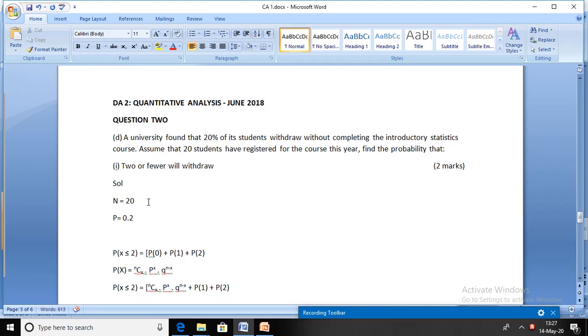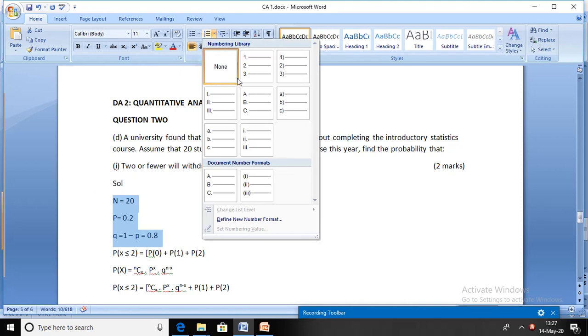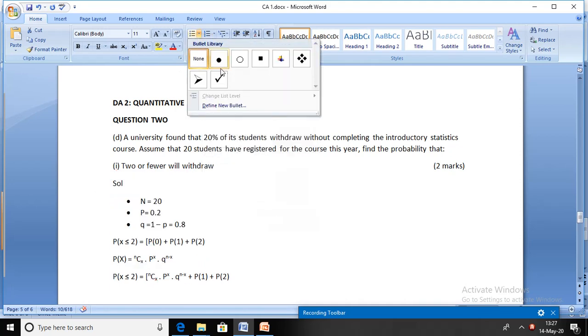P is the probability of success, Q is the probability of failure. So Q, the probability of failure, will be equal to 1 minus the probability of success P, so that will be equal to 0.8. So those are the values that we can pick from the question.